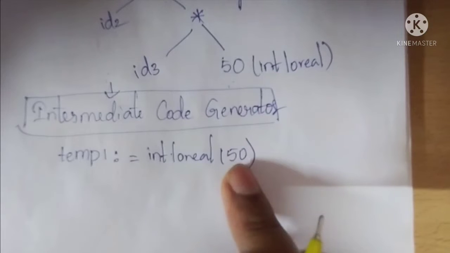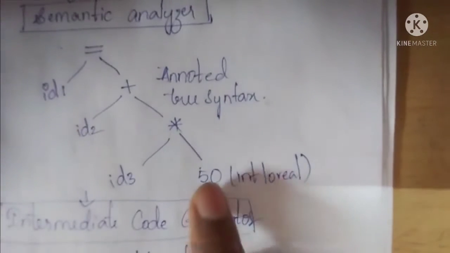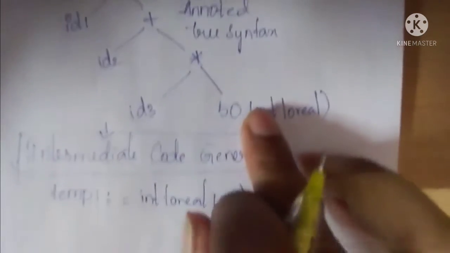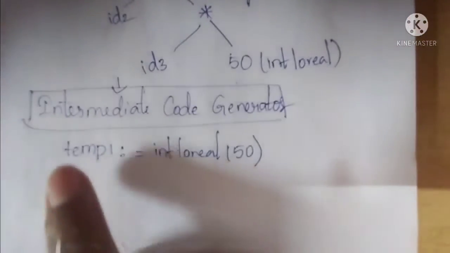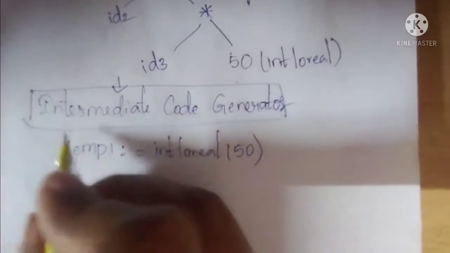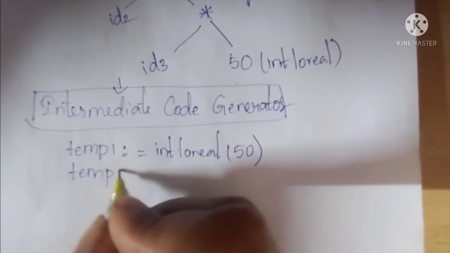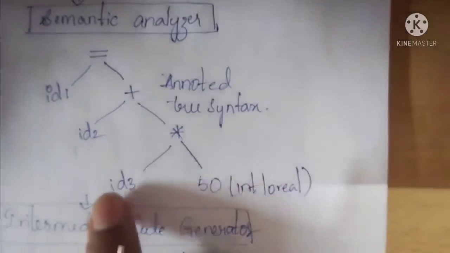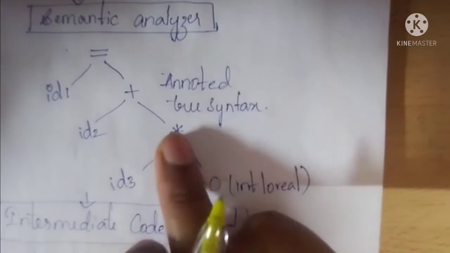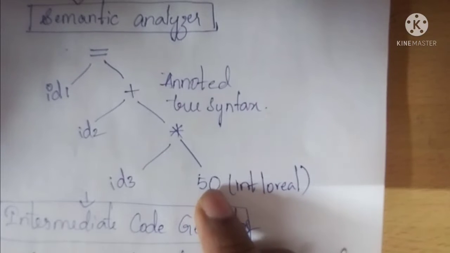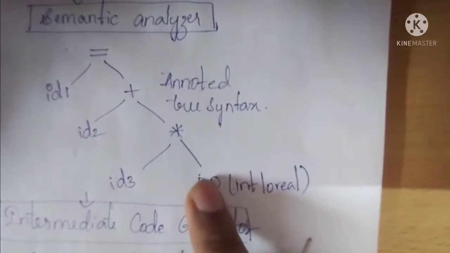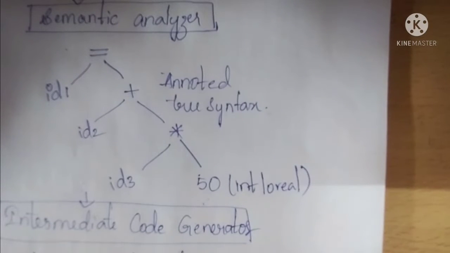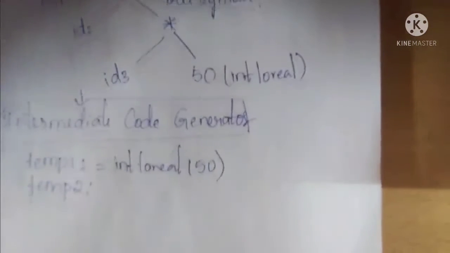After storing, why I have done this first is that from here I am starting to store the variables. I have taken the temporary variable temp1. Take another temp variable, that is temp2. In this temp2, see here, id3 into 50. This is the question, right? What we have to store in the temporary variable is id3 into 50.